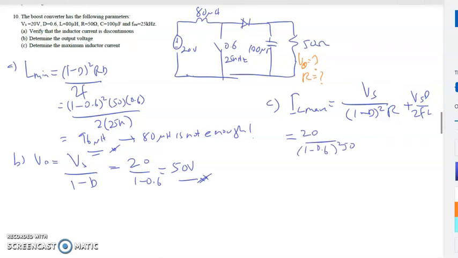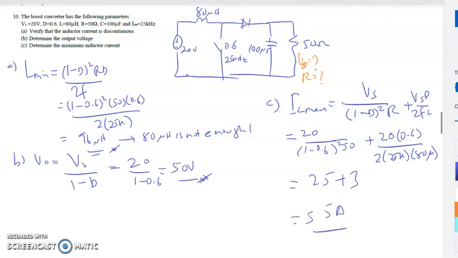So you have 20 divided by (1 minus 0.6) squared and 50, plus 20 times 0.6 divided by 2 times frequency times the value of our inductor just now. So the I L max is 2.5 plus 3. So we have 5.5 ampere as our maximum inductor current. Okay, that's for question number 10.